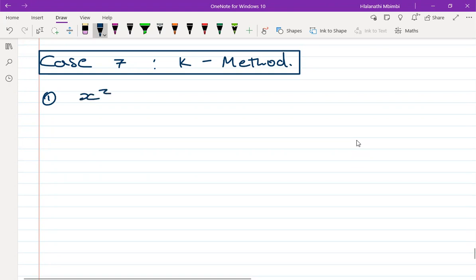So suppose that you have x squared plus x plus 4, plus 8 over x squared, let me write this more clearly, let me say 8 here. And then x squared plus x plus 2.